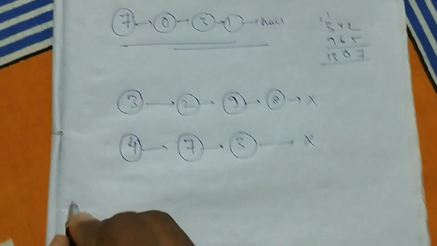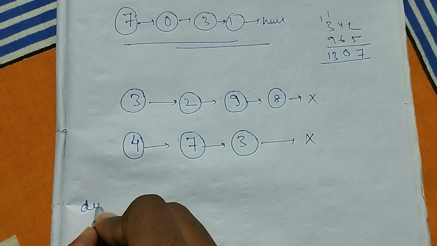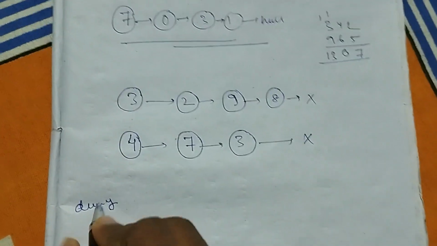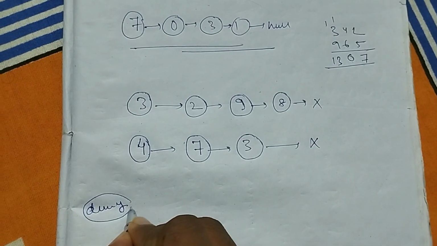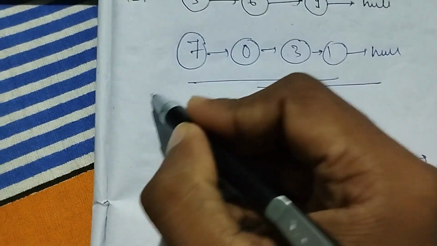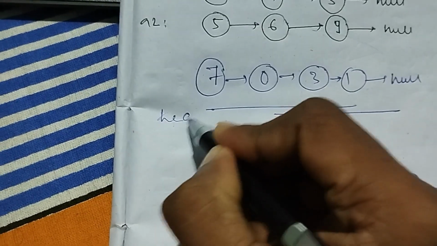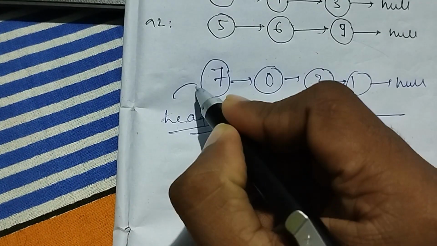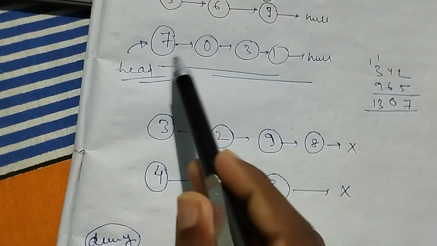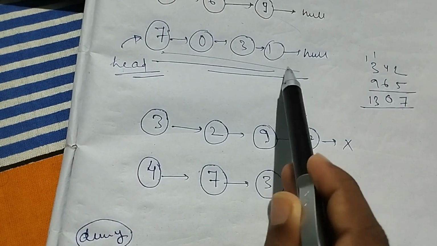Whenever you have a question related to linked lists, first take a dummy node. This dummy node will basically return us the head of the linked list. Here we are going to just return the head of our linked list, and the head will connect to the whole linked list.